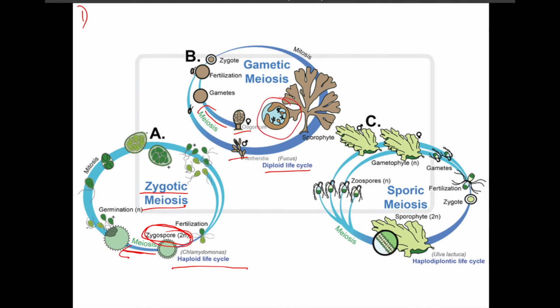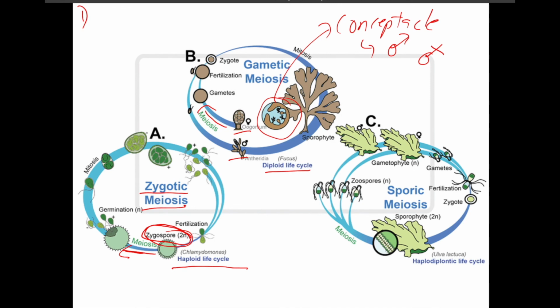Okay? We call this thallus, or these types of organism, the conceptacle. This is the conceptacle. This contains both the male and the female structure, the conceptacle. It has the spermatogonium and the oogonium.